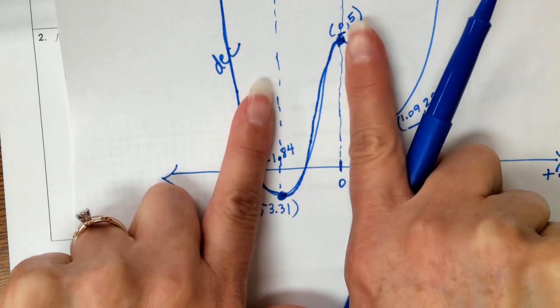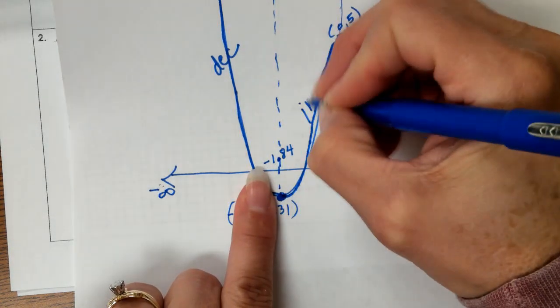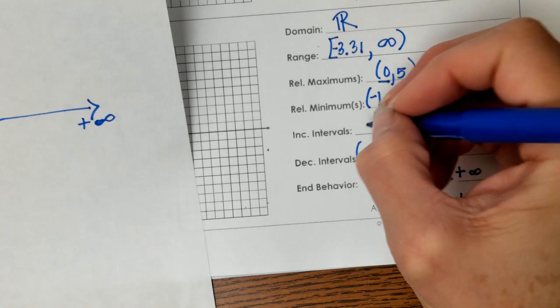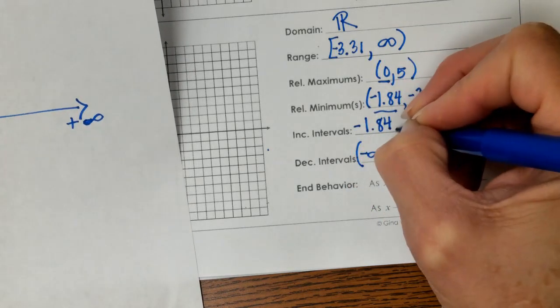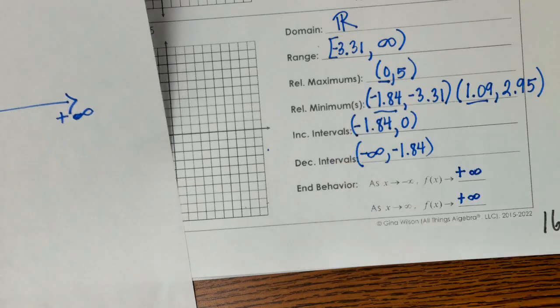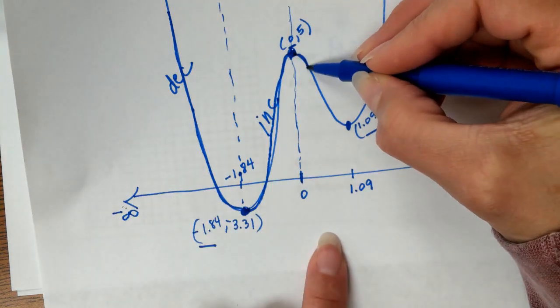That section of the graph was increasing, okay. So I'm going to write that one in. That's negative 1.84 all the way to the 0. That was an increase.